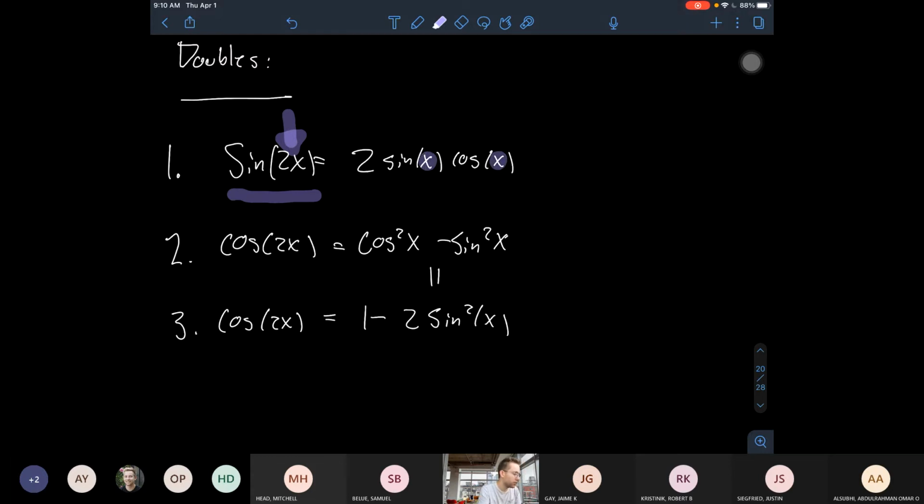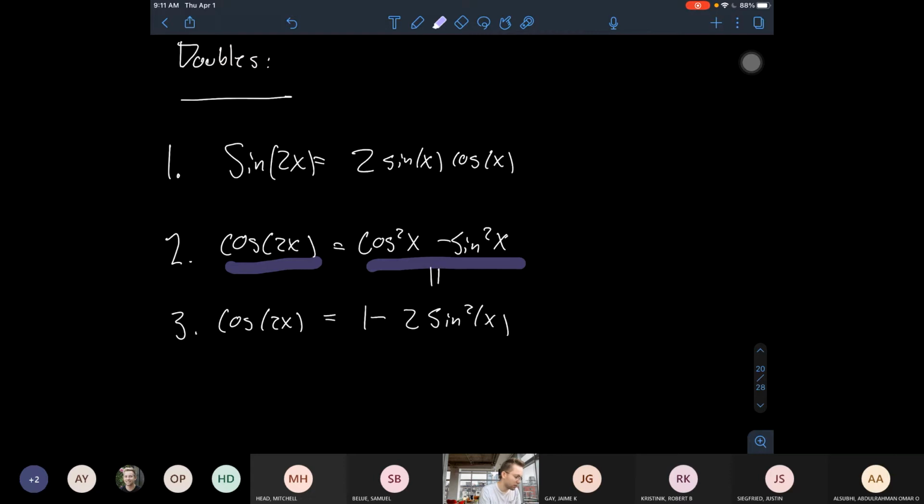So we have sine of 2x is equal to 2 times sine of x times cosine of x. This is one formula we have. Another double angle formula is that we can turn cosine of 2x into cosine squared x minus sine squared x.